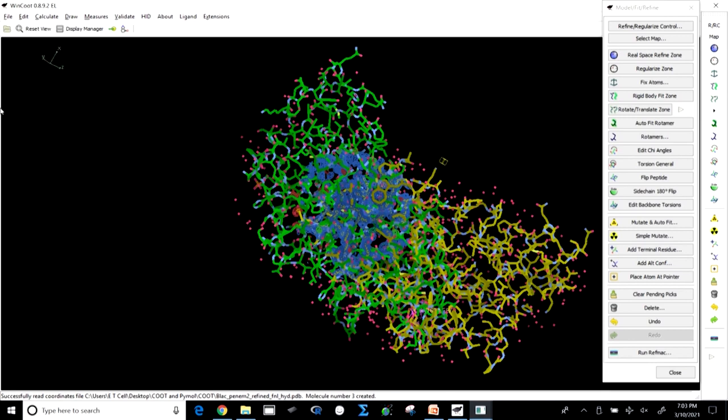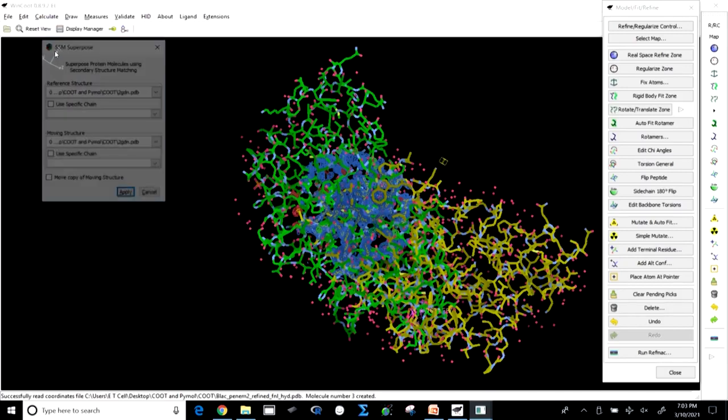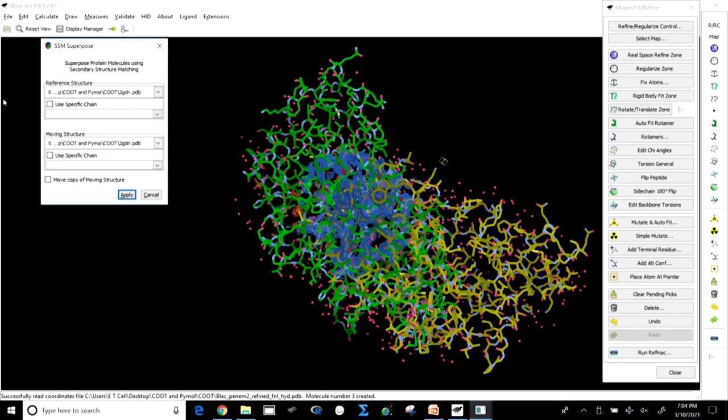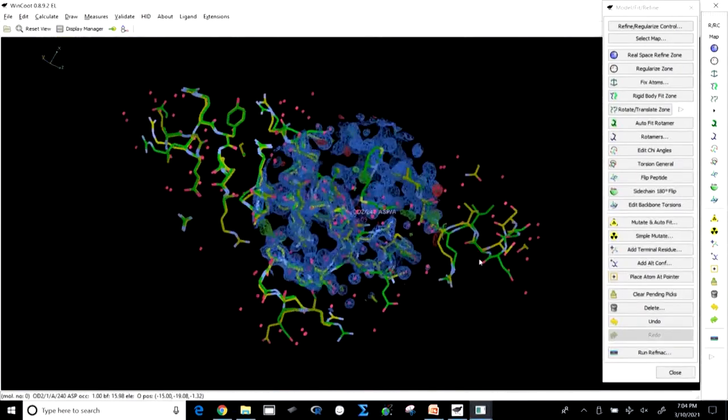What to do for comparing them? Go to Calculate, go to SSM Superpose, and then keep the first one, 2GDN.PDB, and align the other one to it. The other one will move, the GDN will stay intact. Apply, and now you get a perfect alignment.